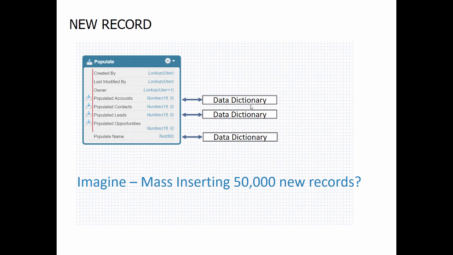But imagine if I'm inserting 50,000 new records and I do this every week or something. Now, chances are I would notice the difference between doing a mass insert as opposed to just creating a record through the UI. There might be some slowdown.